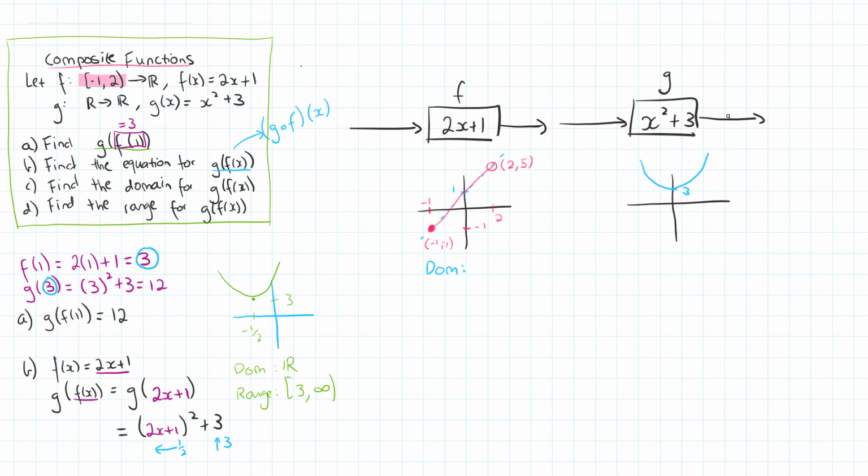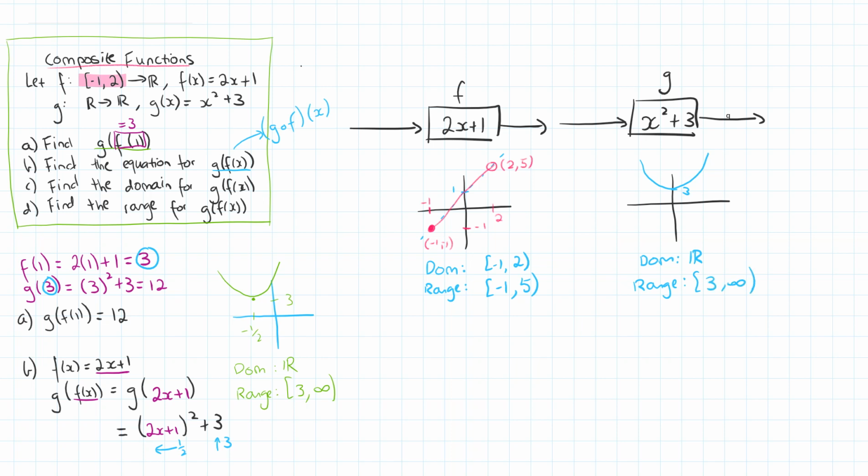The domain here is -1 to 2, and the range is -1 up to 5. The domain here was all real numbers, and the range is 3 up to infinity.